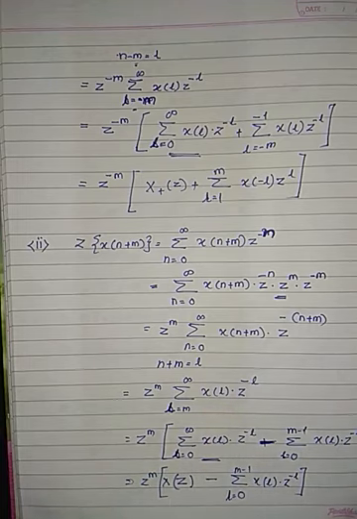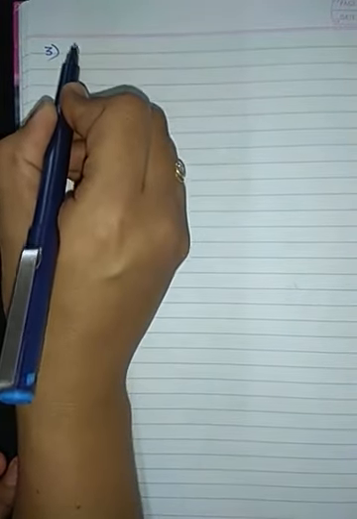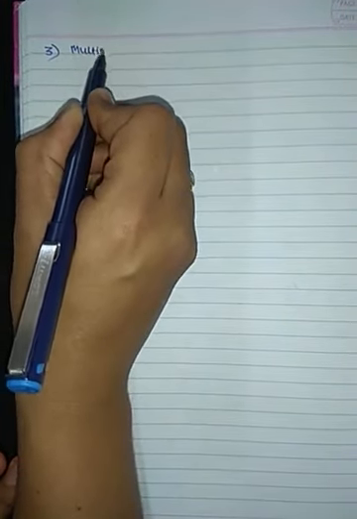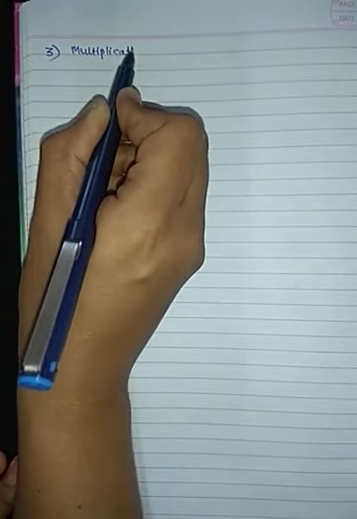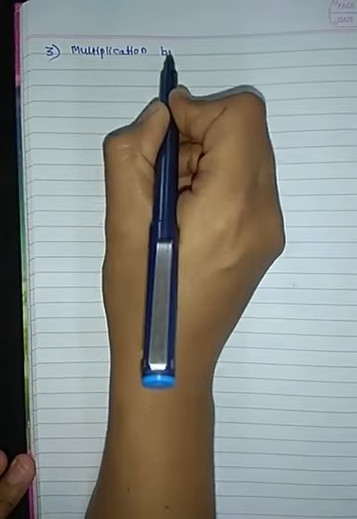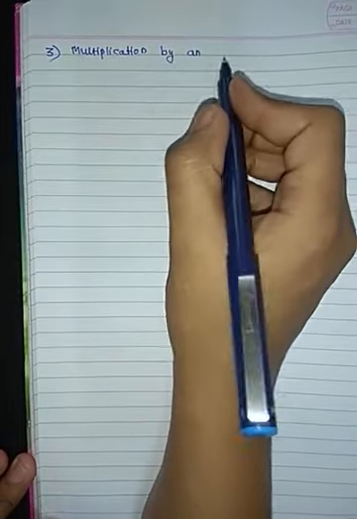So this is nothing but the time shifting property. Now we are going to see the multiplication by an exponential sequence. The third property is nothing but the multiplication by an exponential sequence.